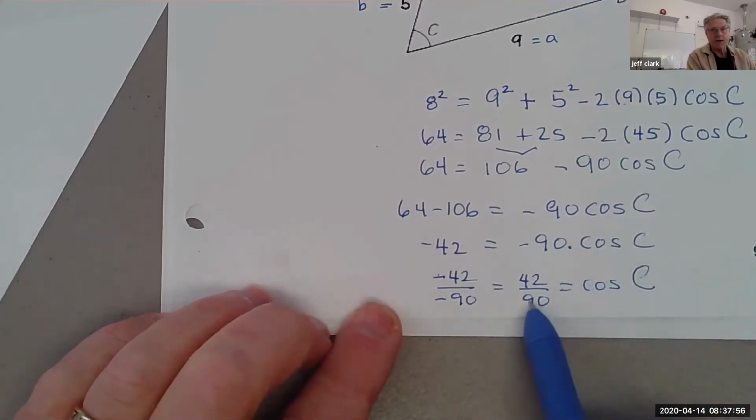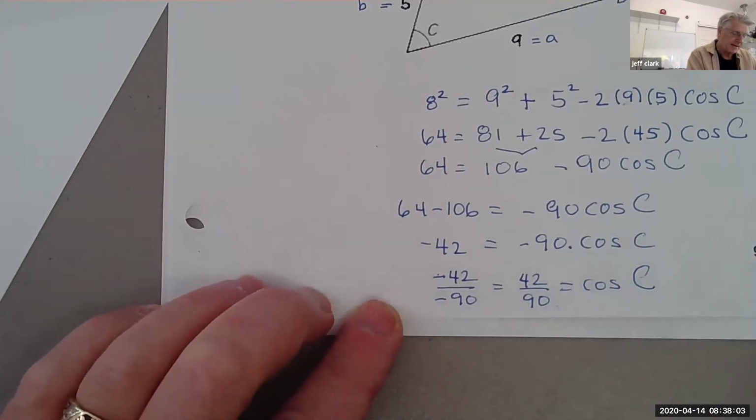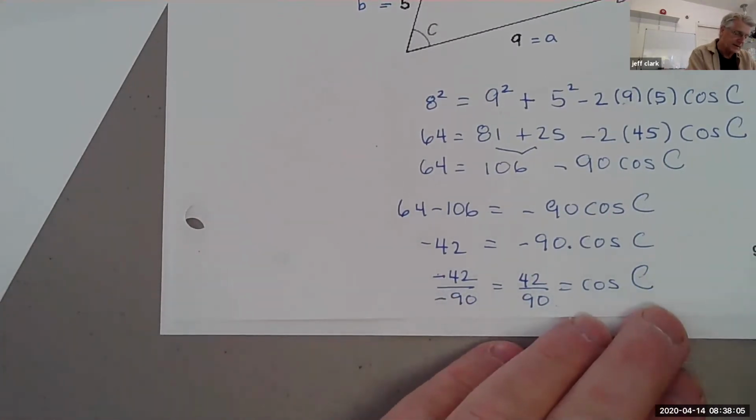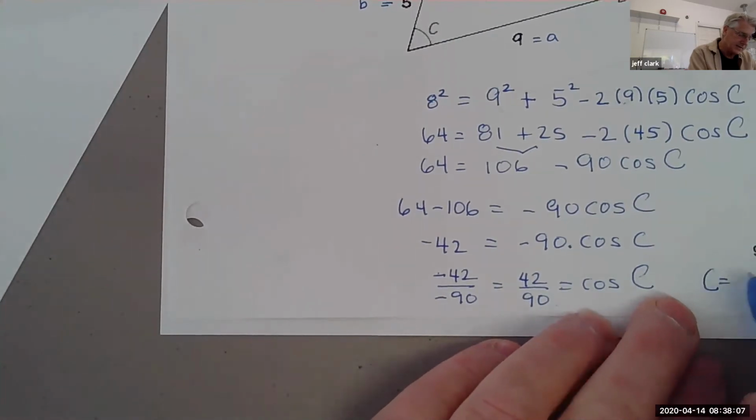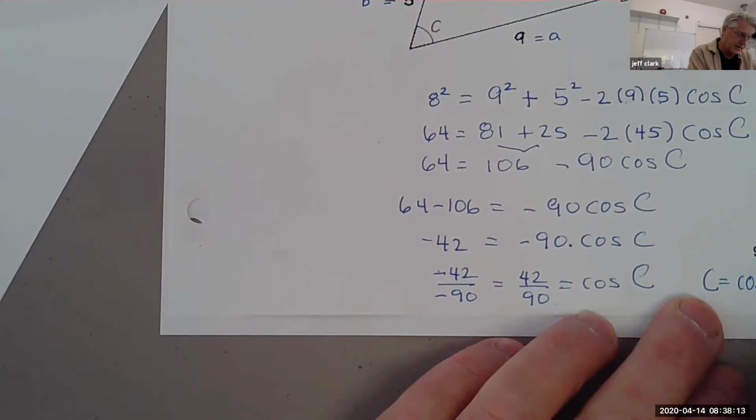I'm not going to worry about simplifying that because really all I need to do is do cosine inverse to both sides and I get the C. So capital C is equal to cos inverse of 42 over 90.